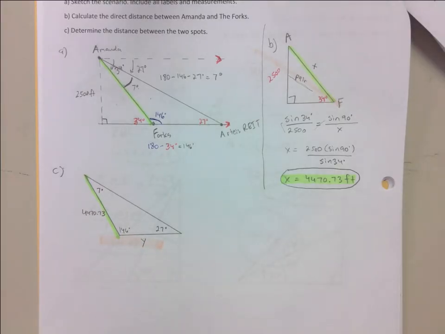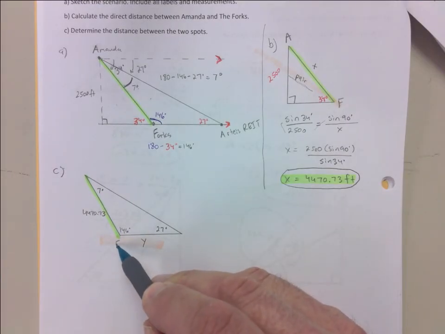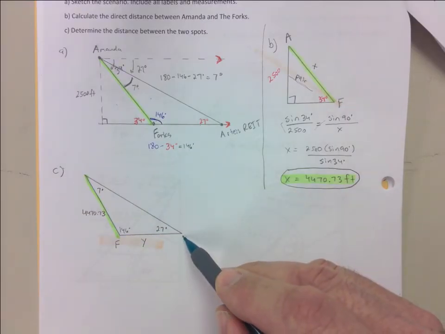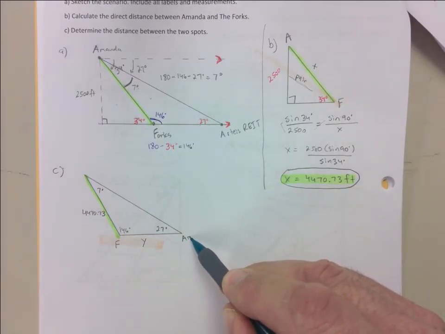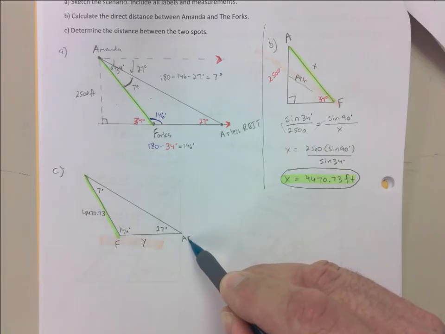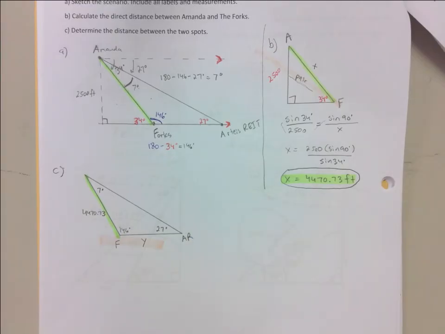Let's call that Y. So this is F, right? And this is the artist. I'm going to call this AR, because otherwise we've got two A's. That's not cool. So that's what we're solving for.